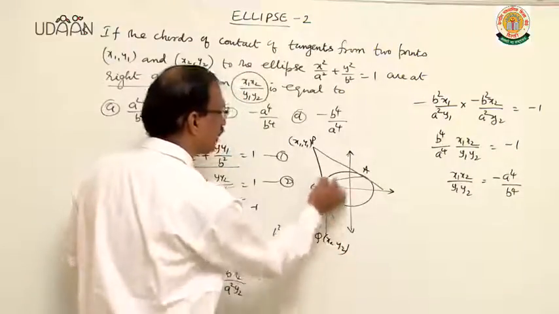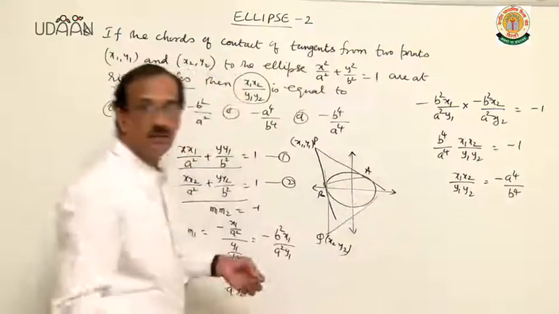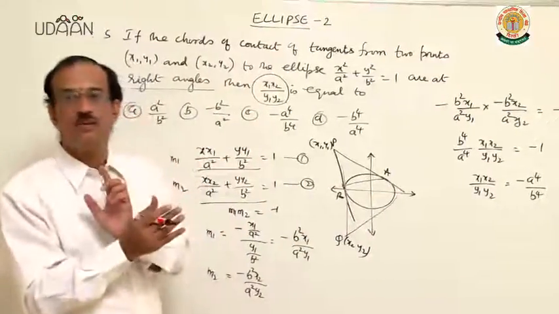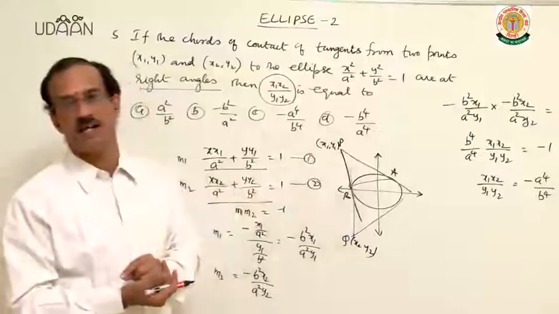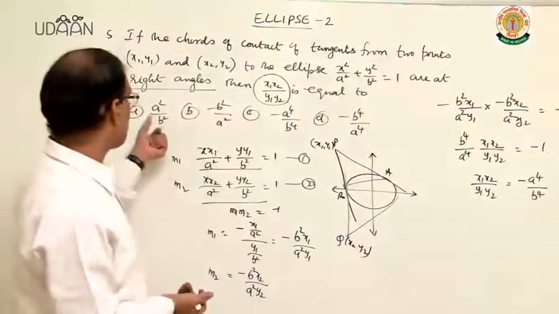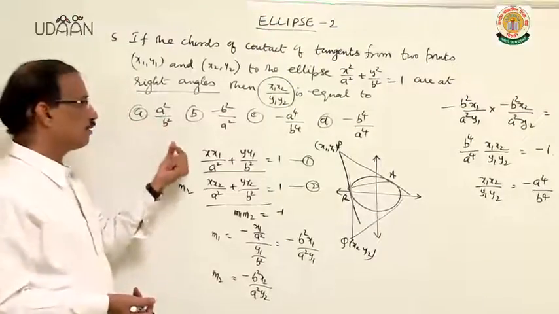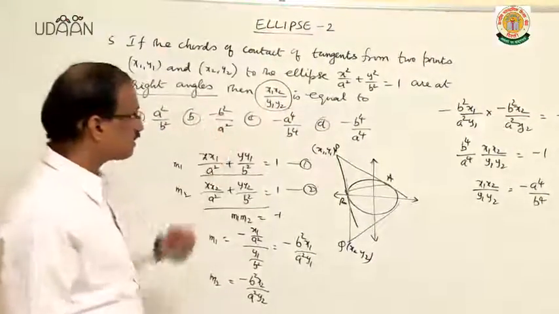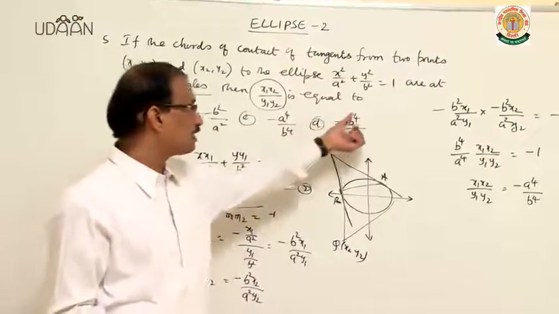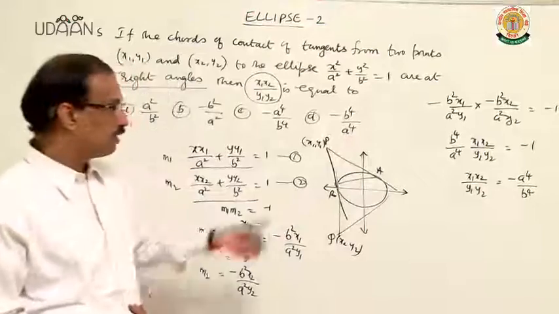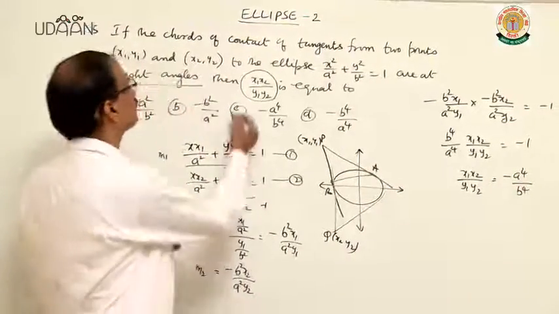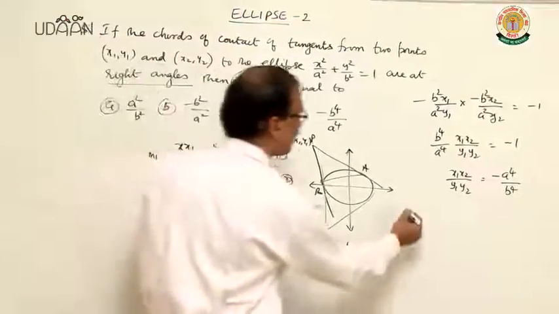If these two chords are at right angles, then what is the answer for x1 x2 by y1 y2? We have the options here: a square by b square, minus b square by a square, minus a power 4 by b power 4, and minus b power 4 by a power 4. So minus a power 4 by b power 4, that is option C, is the right option.